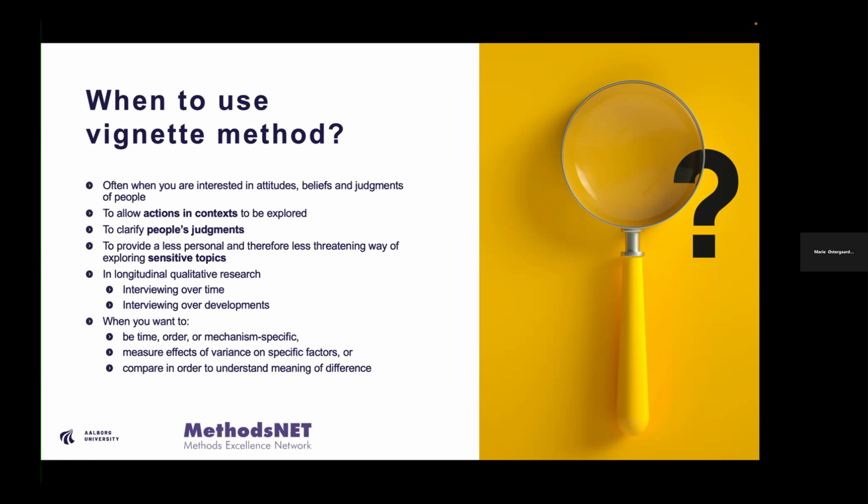Also, if you want to measure effects of variance on specific factors. And this is actually also something we will address in this course, because even though we work in a qualitative research design, there's no hindrance to integrating a variance-based Vignette scenario into our study. But this is also something which we will address specifically.